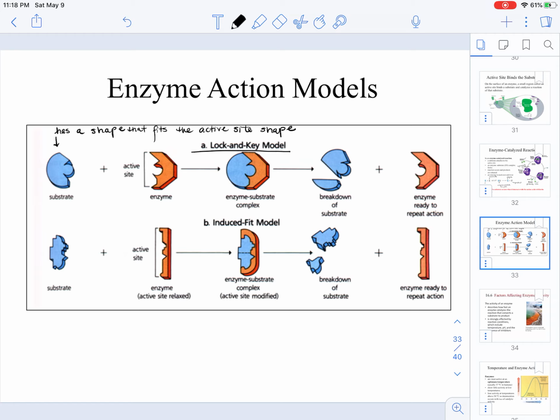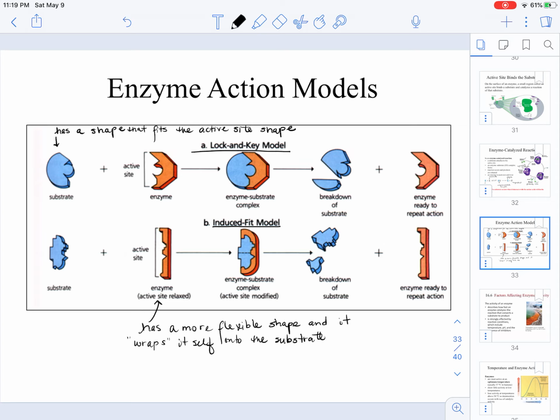We also have some proteins that work in an induced fit model scenario. In the induced fit model scenario, what happens is that the enzyme has a more flexible shape, and it wraps, meaning that it's going to change conformation itself onto the substrate.